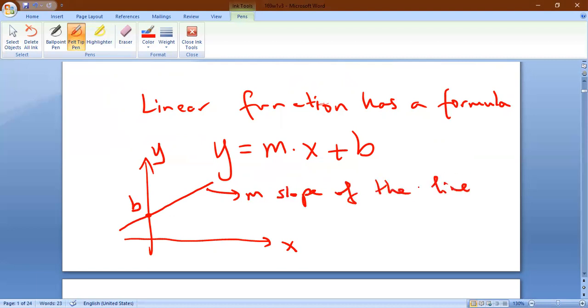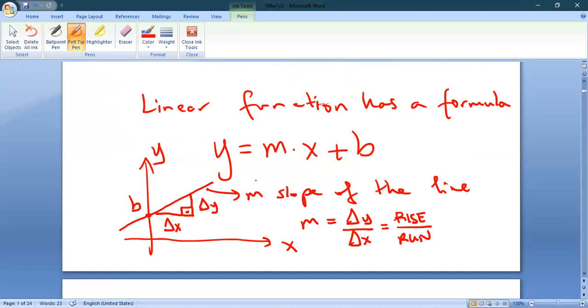So basically when you graph a linear function, you see a line graph, and if you draw a right triangle here and call this thing delta x and call this thing delta y, m is nothing but delta y over delta x, or rise over run. So if we run delta x, then the graph will rise delta y. So the ratio of rise and run is the slope of the line.